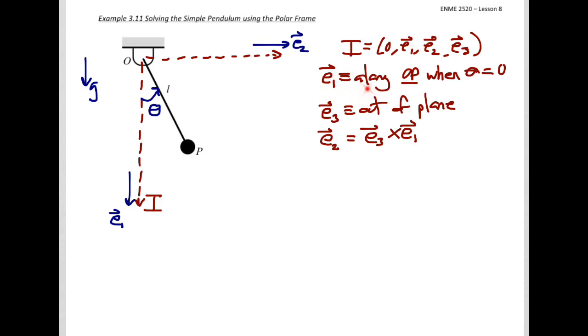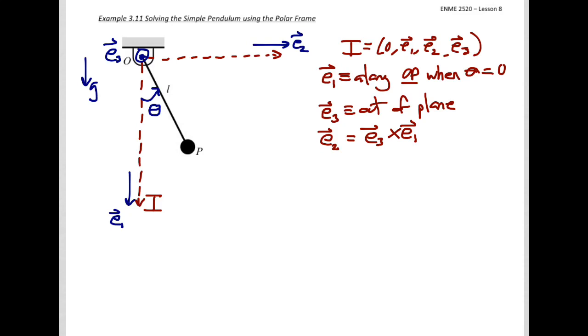We've defined E sub 1 as along OP when theta is equal to 0. That's a very good way to define this because it's based on the system. E3 is out of the plane, so let's draw that pointing out of the plane, and then E2 is the cross product of the basis vector E3 with E1.